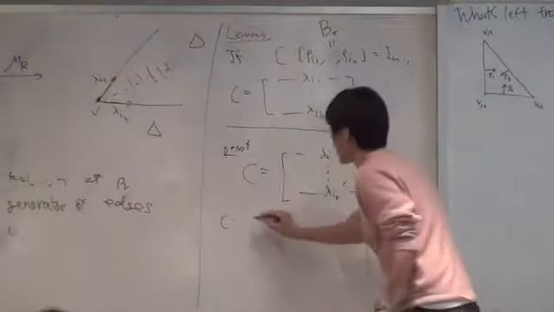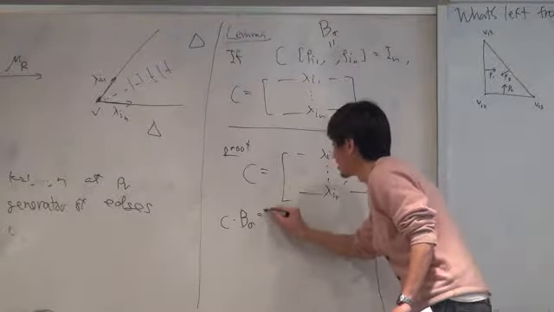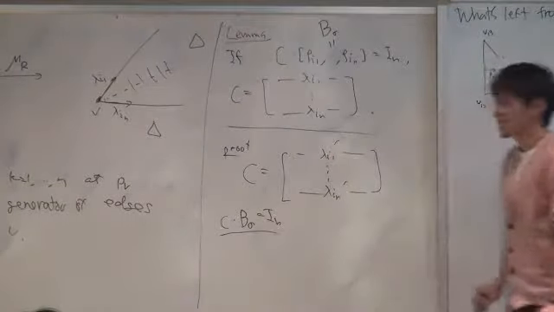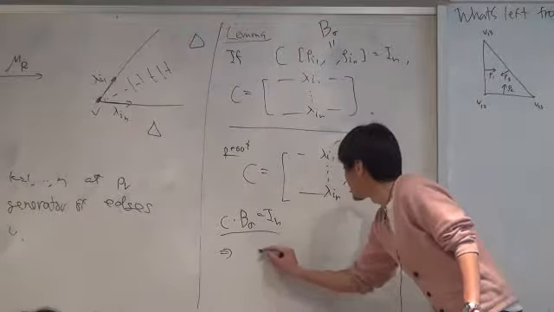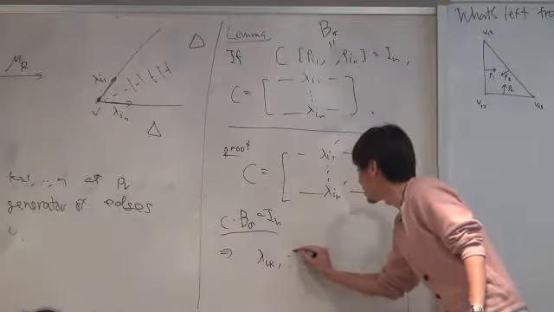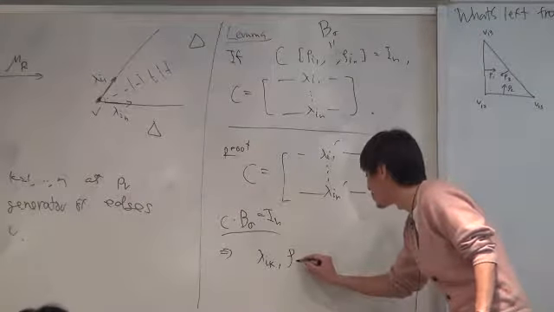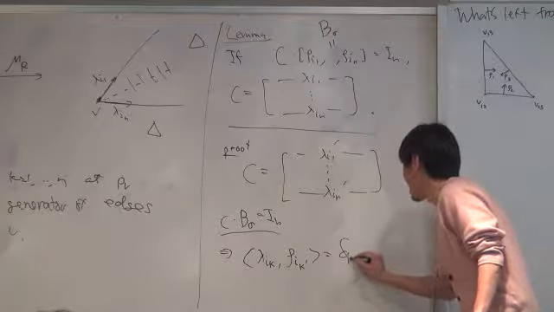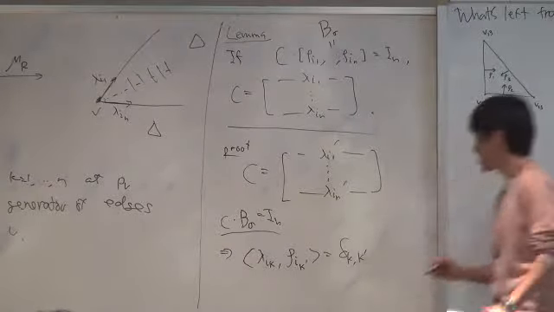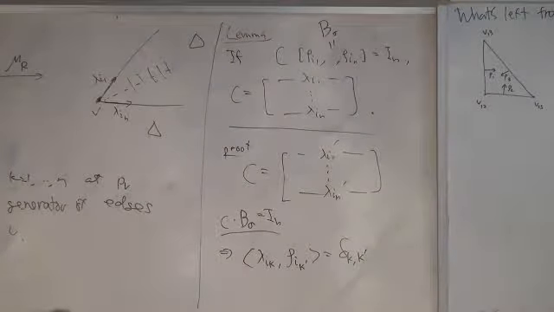Okay? So what does this mean, right? This means that the inner product of rho ik and lambda ik prime is the Kronecker delta. It's equal to 1 when k equals k prime, and if they are different, it must be 0.